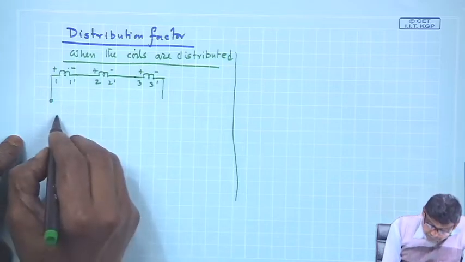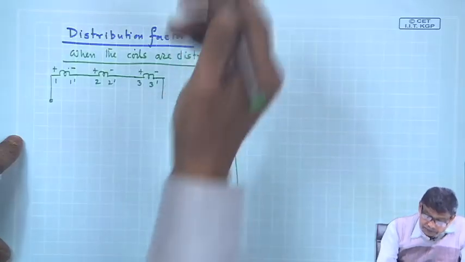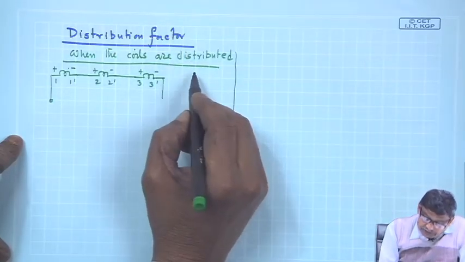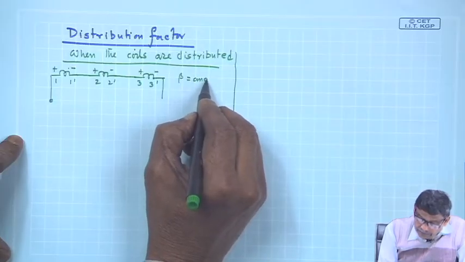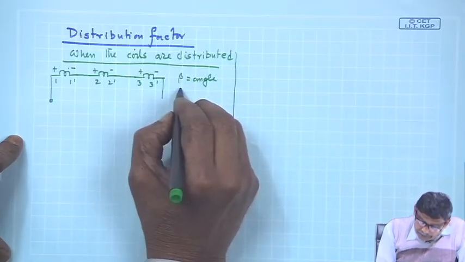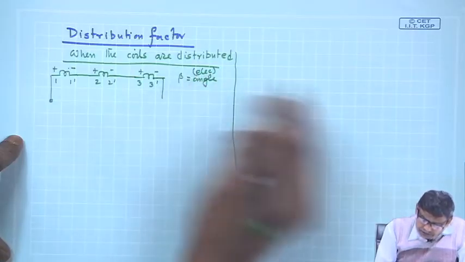Now, these 3 voltages and the angle between 2 consecutive slots is beta. Beta is equal to the electrical angle, needless to say, henceforth we will say.